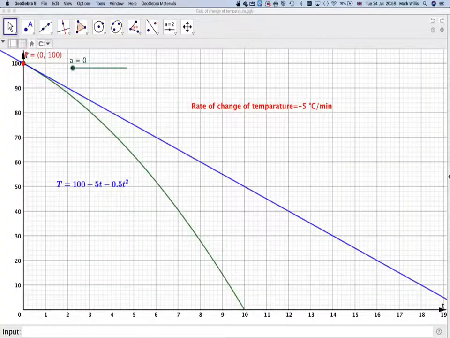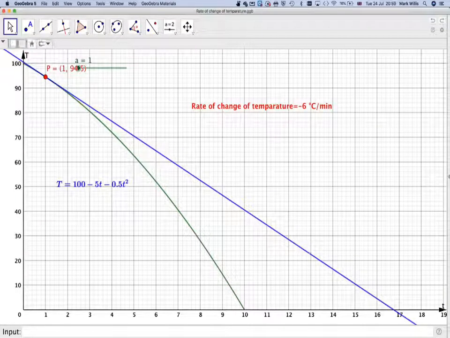Now we can look at this. Here I have a GeoGebra applet which I will put in the notes of the video. So here we have our function of time of the temperature decreasing. So this is the temperature, and this is time t in minutes, and if I move it along, the first one was 1. We can see that the rate of change of temperature is minus 6 degrees per minute, and you get that from the gradient of this tangent line drawn at 1.